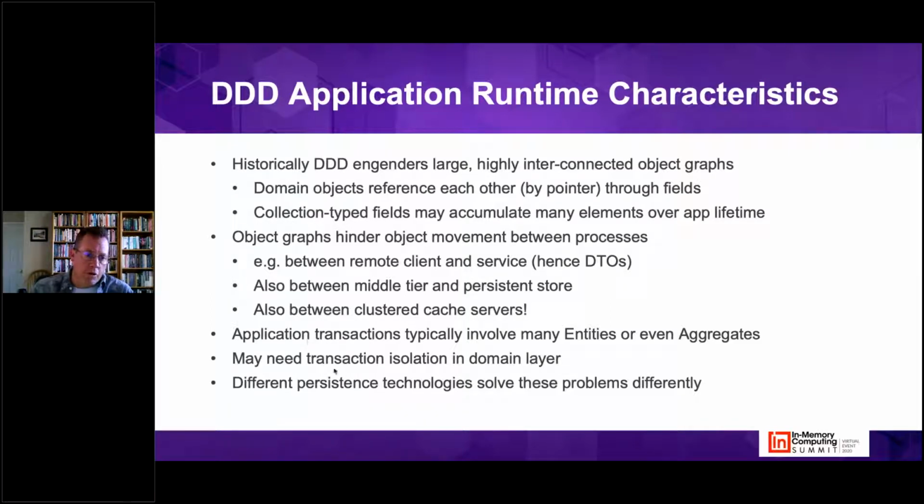And that may require you to need transaction isolation in the domain layer. ORMs solve this in different ways. Object databases solve this in different ways, but in-memory data grids have the same challenge. If you have multiple user sessions that want to write to the same object graph, how do you isolate those edits from each other and commit them in sort of ACID ways, if you will? All right, so those are some runtime characteristics of domain-driven design applications.